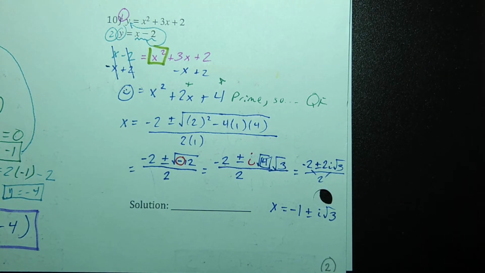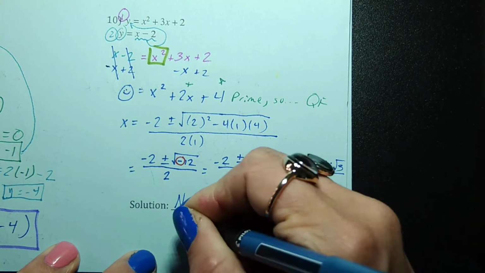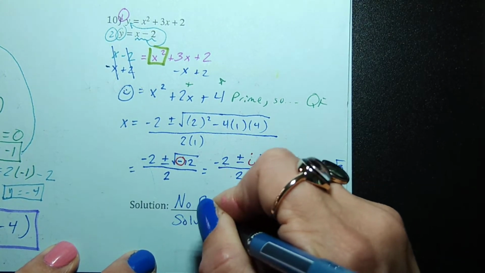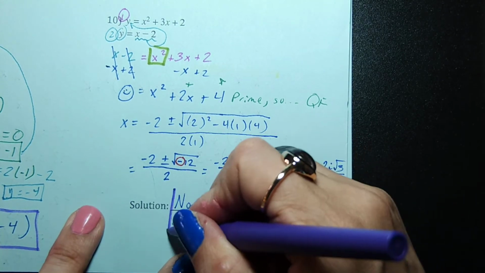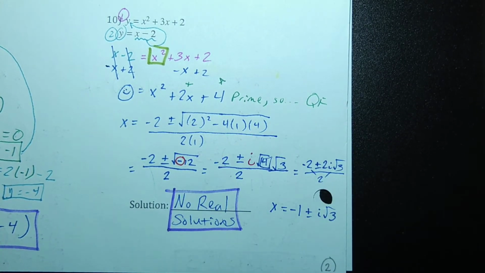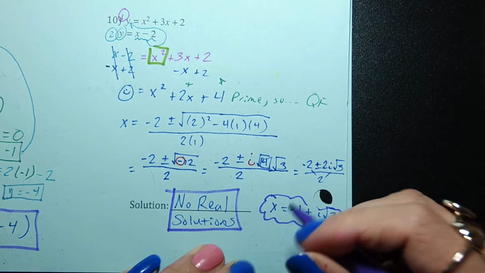Now, here is what we are going to do. We are going to state no real solutions. I just want you to be able to show me how to simplify with the quadratic formula.